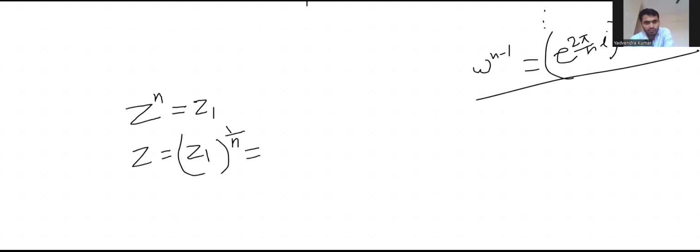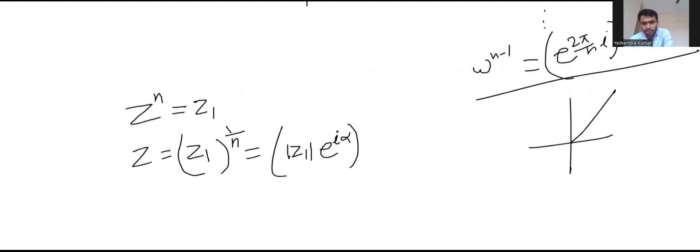Now, z1 also can be written as modulus of z1 e to the power iota alpha, right? This alpha is the angle z1 is making with the x-axis in the positive direction, right? So now this to the power 1 by n.